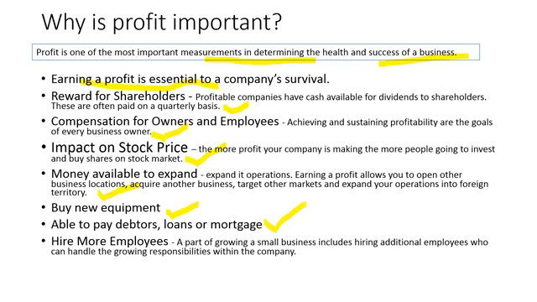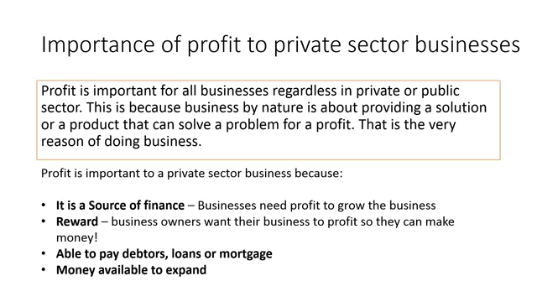A part of growing a small business includes hiring additional employees who can handle the growing responsibility within the company. These are elements that suggest and prove that profit is very important for any organization, because if we didn't pay attention to profit, we would not be able to achieve any of these.